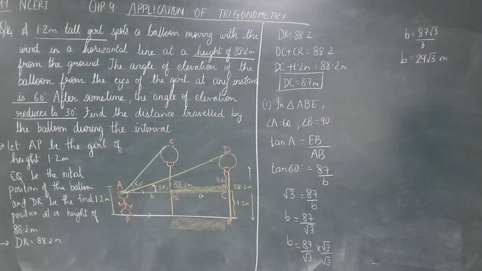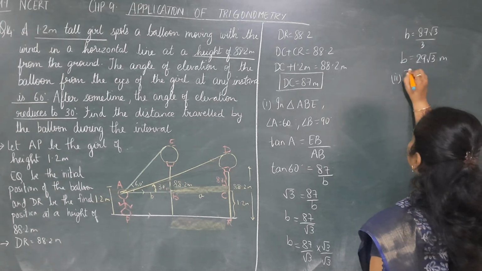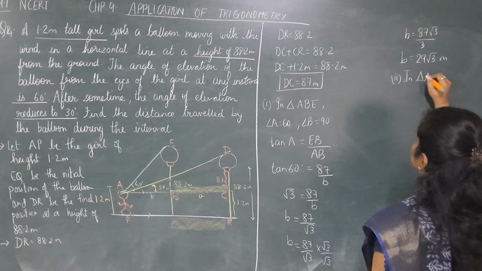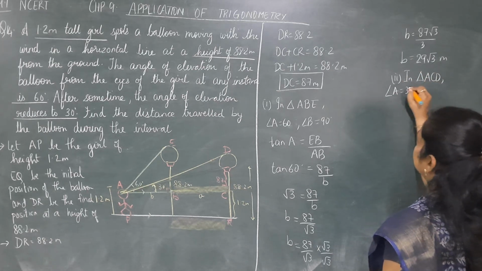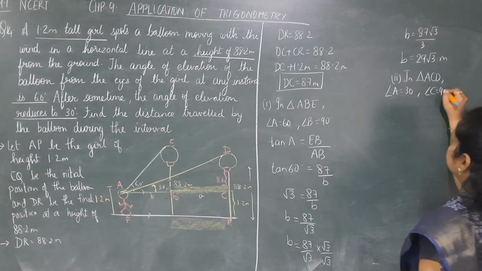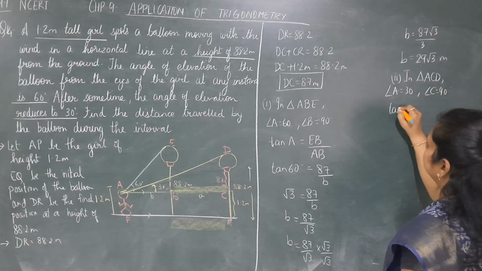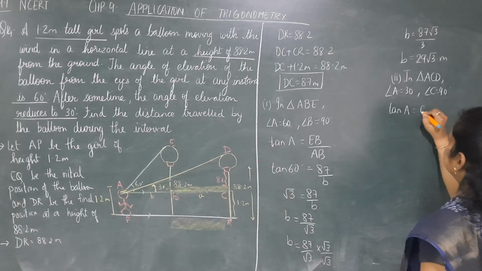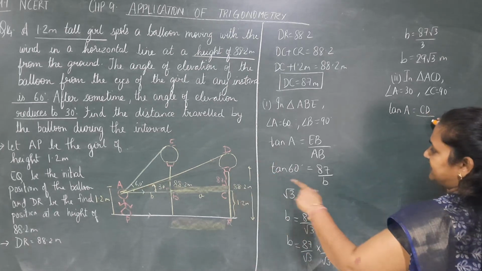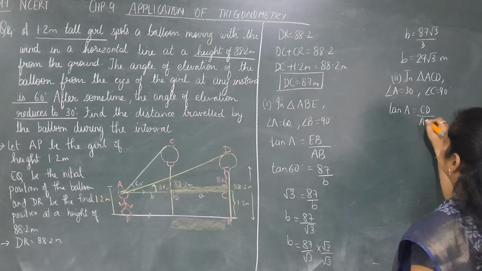Moving on to the next triangle, ACD. So in triangle ACD, angle A this time is 30 and angle C is 90. So again we are going to go for tan. Tan of angle A this time would be opposite side CD upon the adjacent side, which this time is AC.